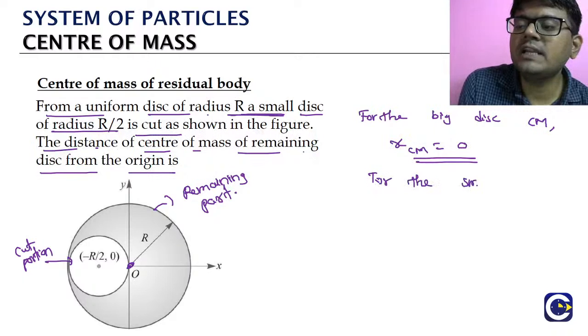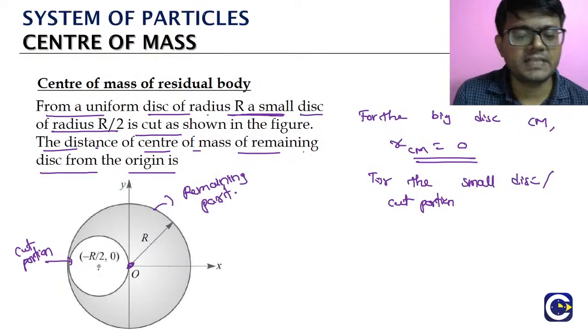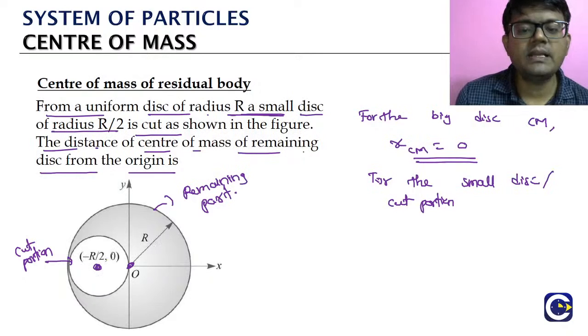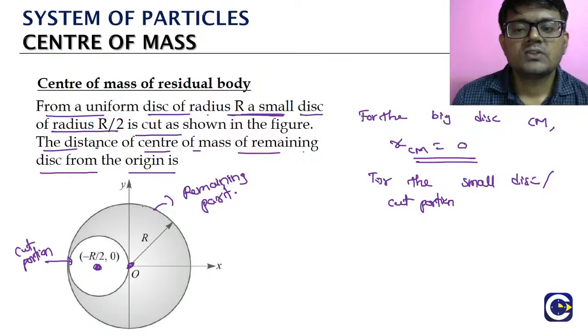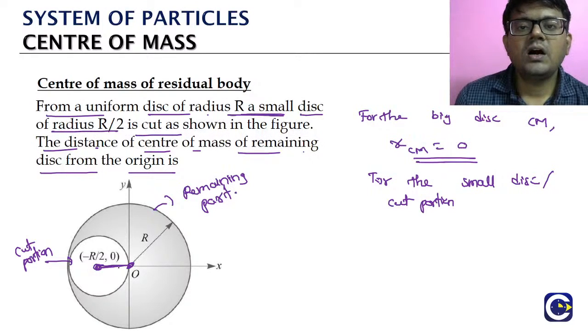For the small disk or that cut portion, எந்த portion நம்ம கட் பண்ணிருக்கோம், that part for the small disk, right? இங்க பாருங்க, அதோட geometric center எங்க வரும்? So what is the radius? This r by 2, right? Means origin வந்து it is at a distance of what?